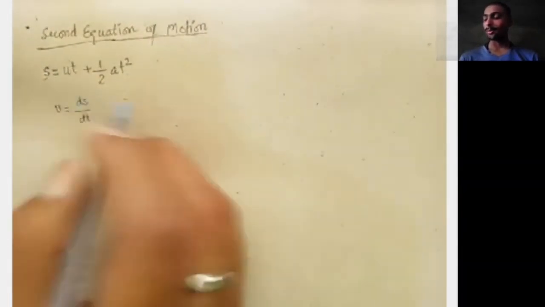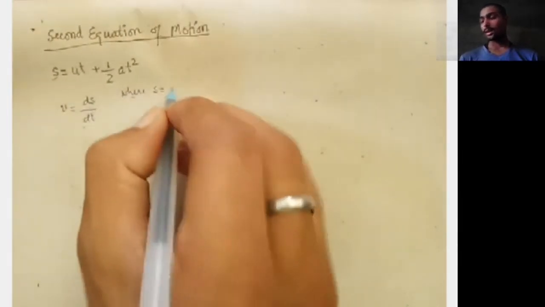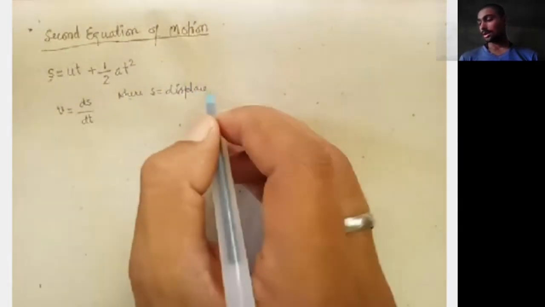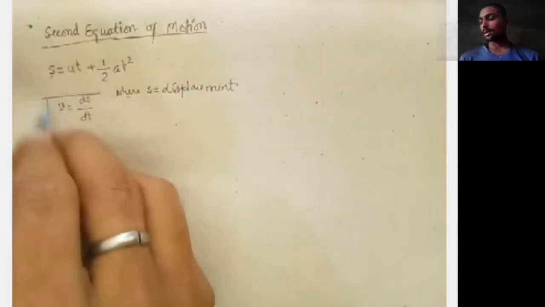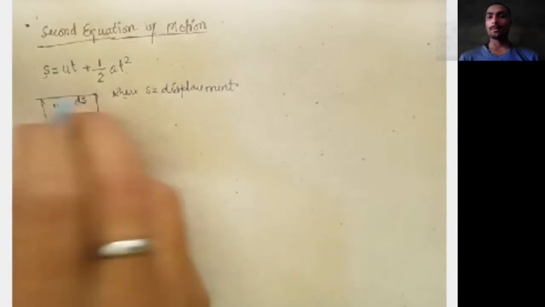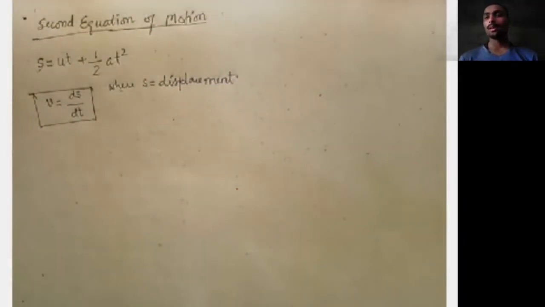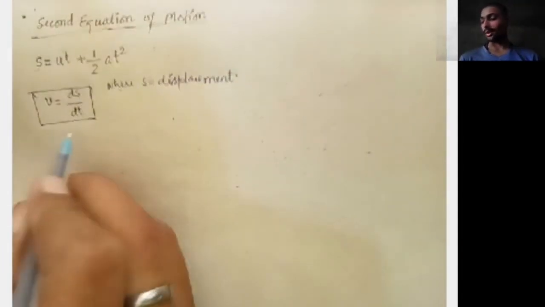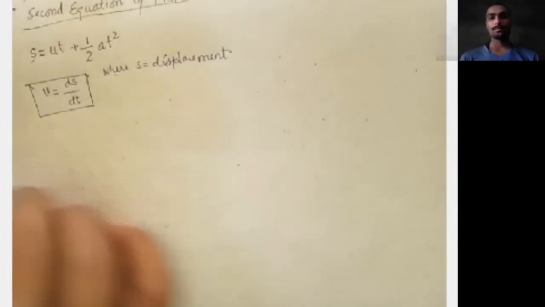So this is displacement, where s is displacement. So velocity is unit displacement per second, right? Meaning what was the displacement and what is the rate of displacement per second. This is velocity.